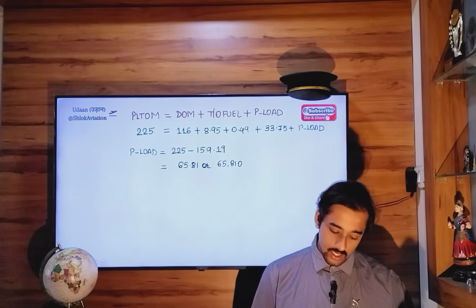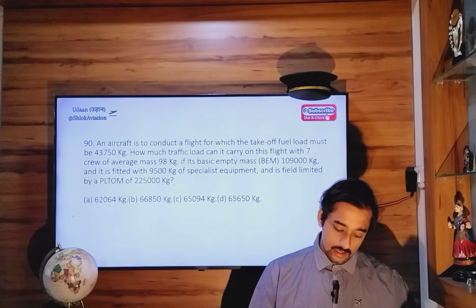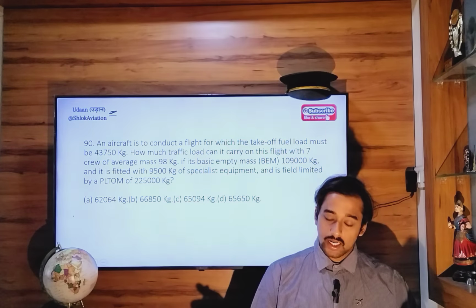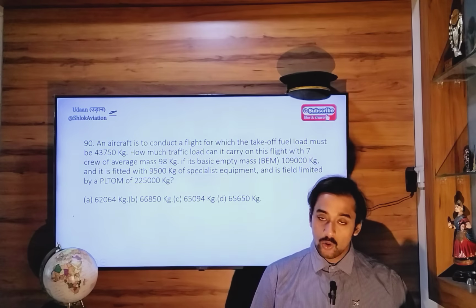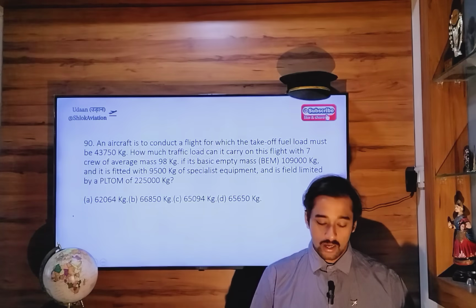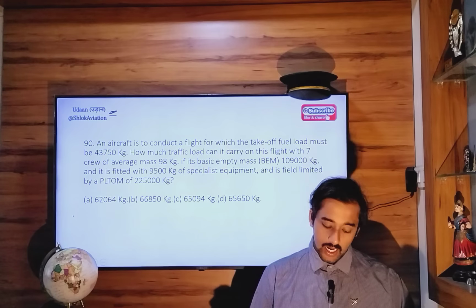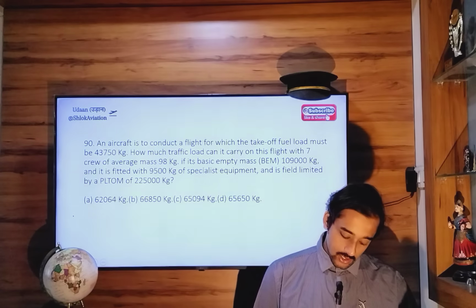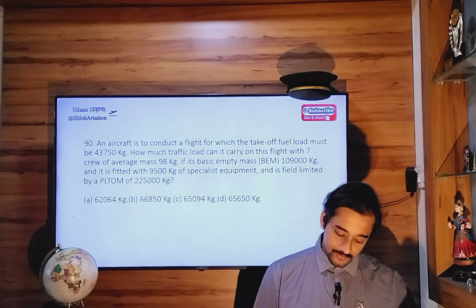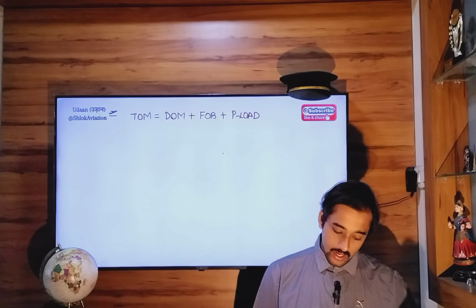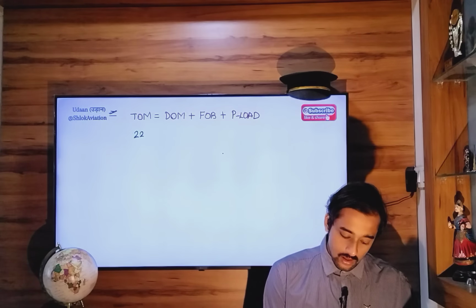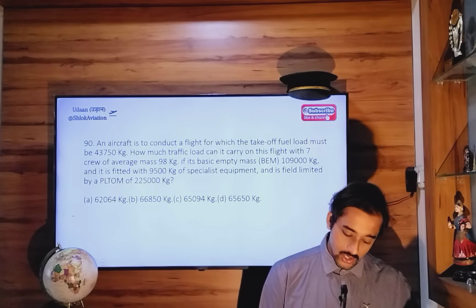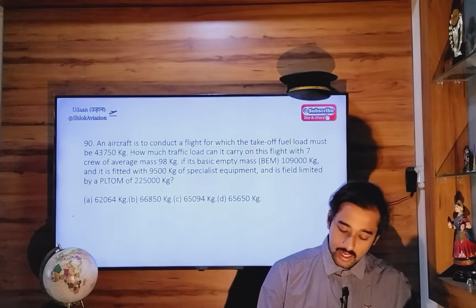Last sum for this lecture. An aircraft is to conduct a flight for which again similar conditions are given. Takeoff fuel, crew weight, special equipment load, basic empty mass and performance takeoff mass. So let's write the formula and substitute the values. 225 equals dry operating mass, which is not given to us directly.